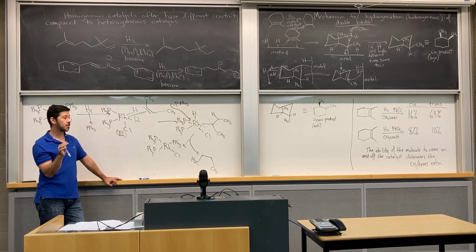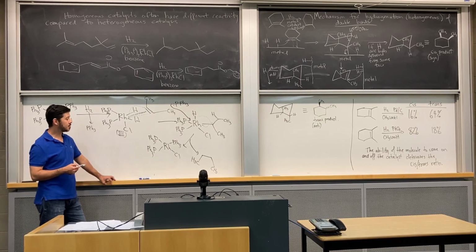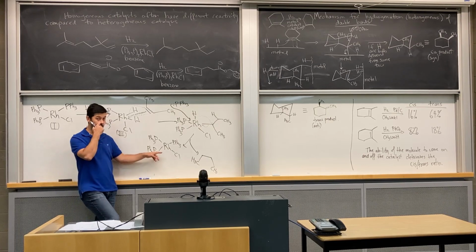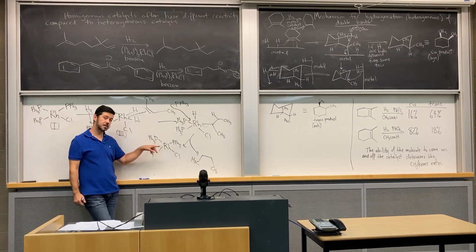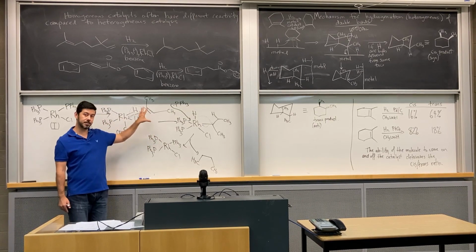Homogeneous catalysts are ubiquitous in organic chemistry. I'm just showing you one example with this rhodium metal. If you decorate, for example, the rhodium metal with different ligands, that will change its ability to interact with different functional groups. These are fairly large. You have a phosphorus with 3 phenyl groups. So you're really going to be looking for the easiest double bond to get.